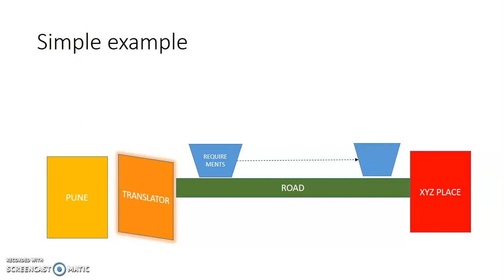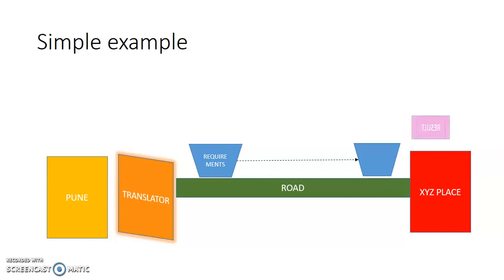When the vehicle reaches the XYZ place, the people there are going to get my requirement from the vehicle along with money, of course, and they are going to process that requirement.